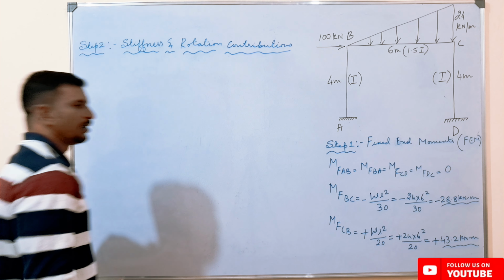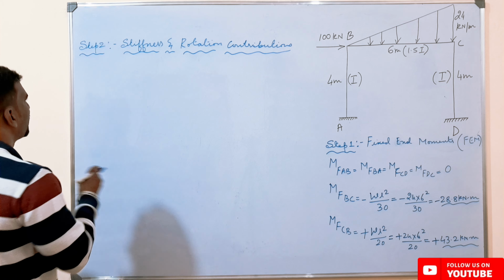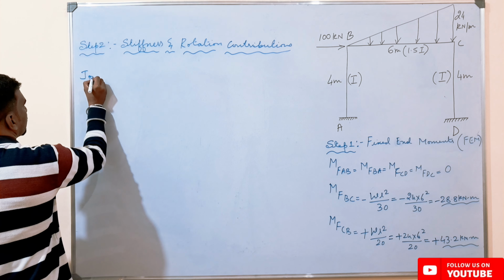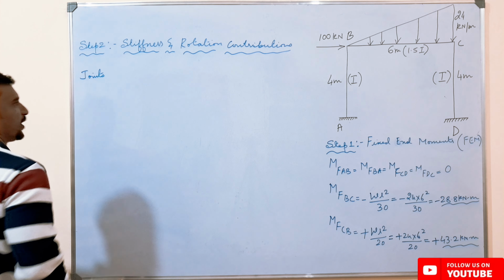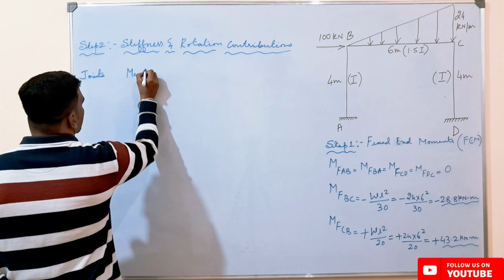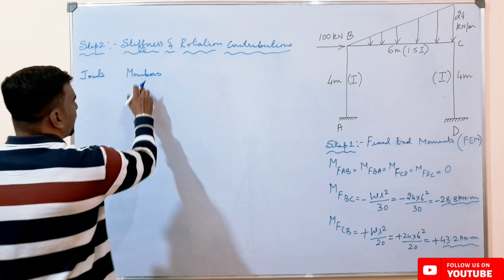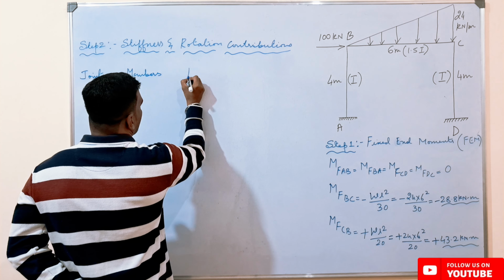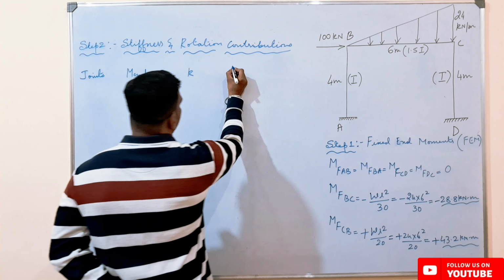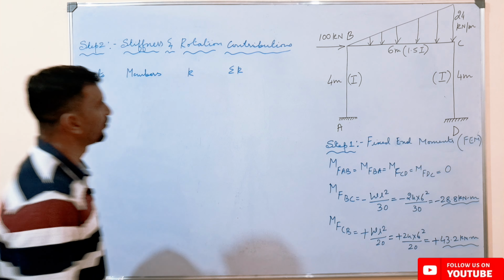To calculate these, we have learned from our previous classes that we need to consider the joints, and for those joints we need to consider the members, and then for each member we calculate the relative stiffness, which is represented by K, and we consider the summation of the total stiffness.